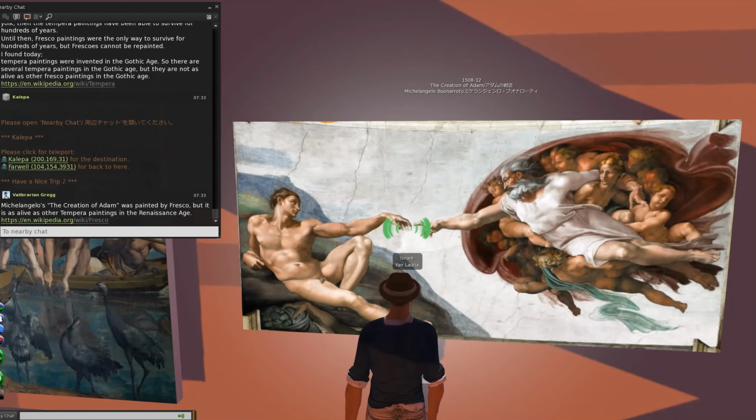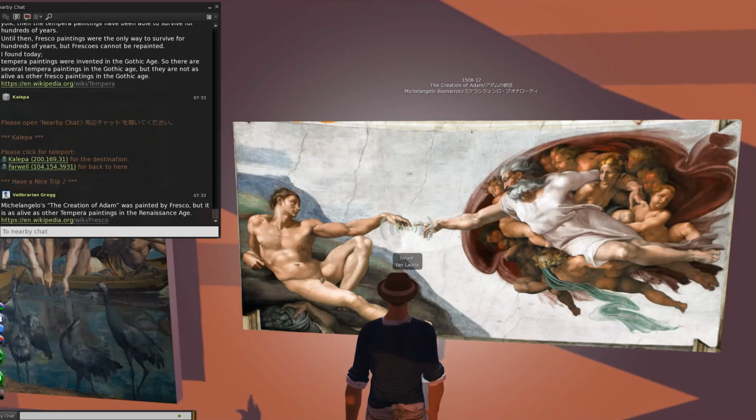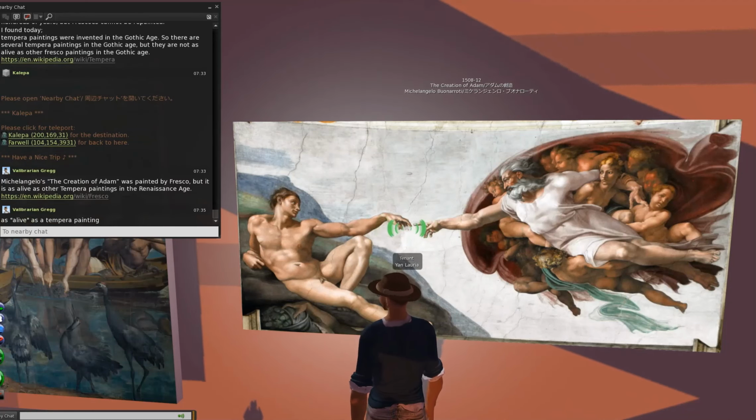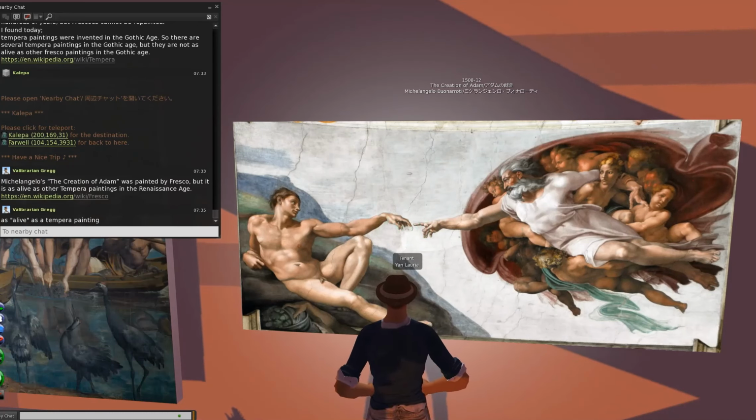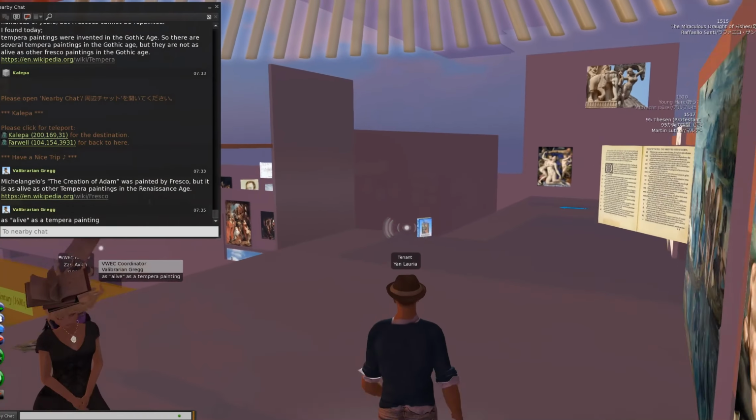This is Michelangelo's Creation of Adam. This was painted by fresco, but it is as alive as other tempera paintings in the Renaissance. So I think the Renaissance was really an art explosion regardless of the widespread use of tempera painting. This is my conclusion.